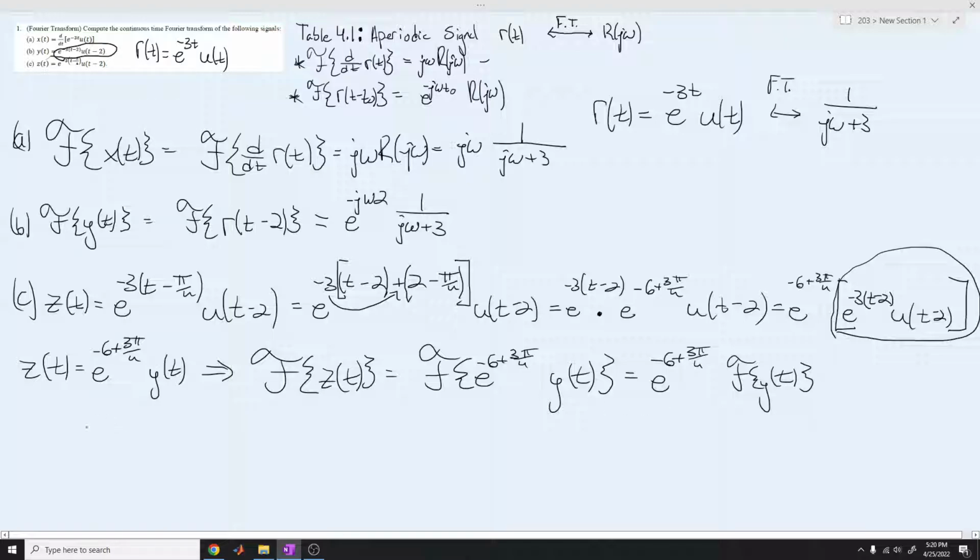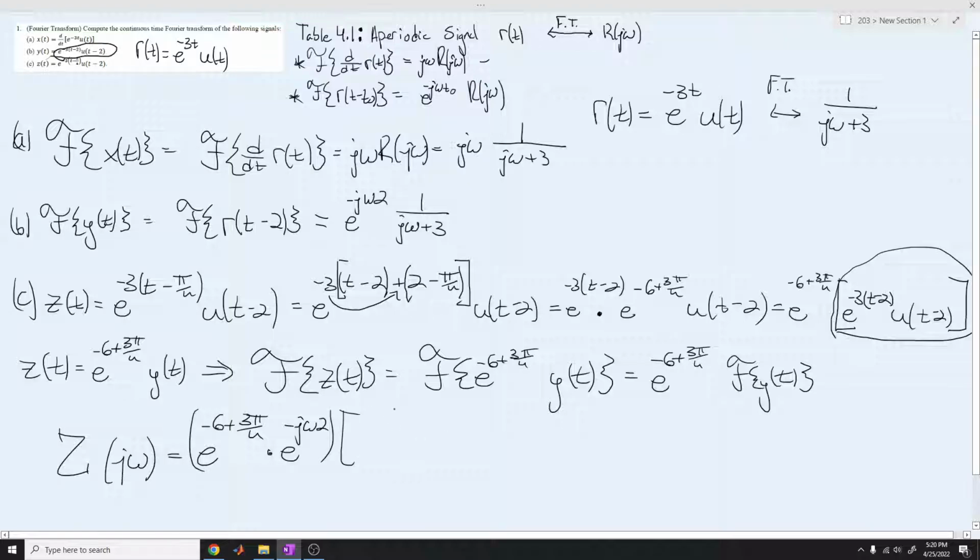So the Fourier transform, big Z of j omega, is equal to e to the negative 6 plus 3 pi over 4 times e to the negative j omega times 2, all multiplied by 1 over j omega plus 3. And there are your Fourier transforms of x, y, and z here. Thanks.